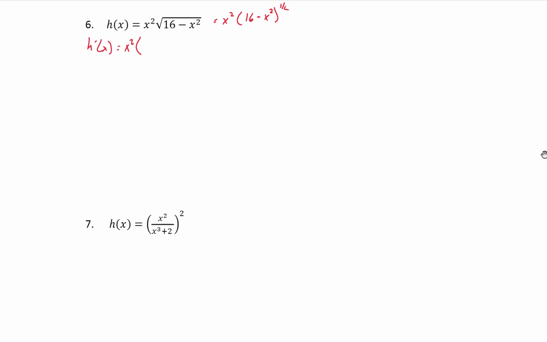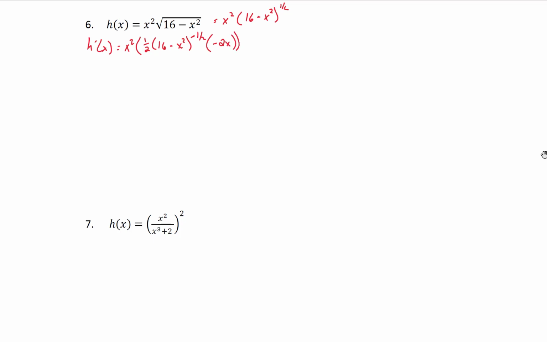Looking at that second function, 16 minus x squared to the 1/2 power, or blah to the 1/2 power, the derivative is just going to be 1/2 times blah, so the inside stays the same, 16 minus x squared, to the negative 1/2 power, times the derivative of 16 minus x squared, which in this case is just negative 2x.